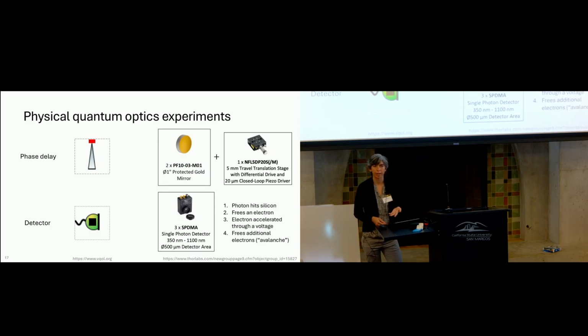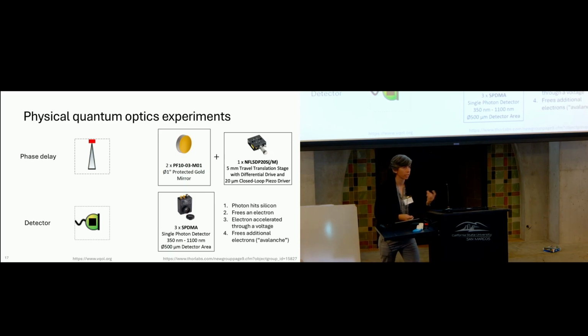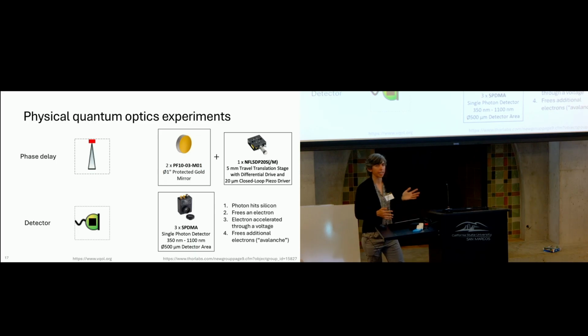In this case, these are made of silicon. A photon being incident on the material frees an electron. There's then a voltage that it gets accelerated through, and along the way it ends up freeing a lot of additional electrons. And then those become your regular current that you could measure and get a signal. So these detectors are able to detect single photons.